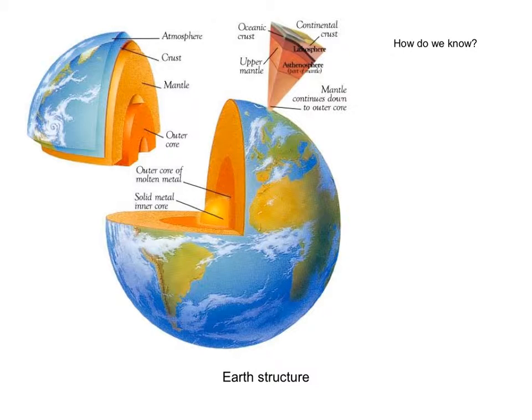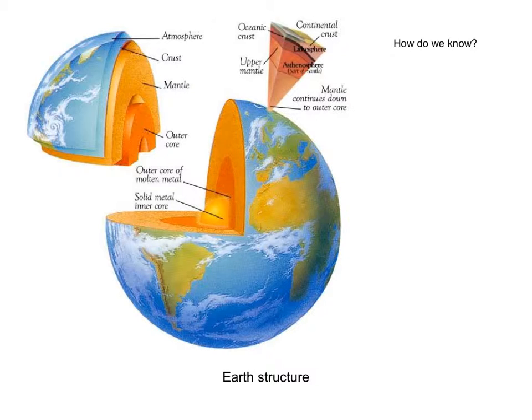You've probably seen a diagram similar to this in middle school or high school. Structure of the Earth with an inner and outer core, a mantle, crust. You all accept this, I assume, but how do we know this?